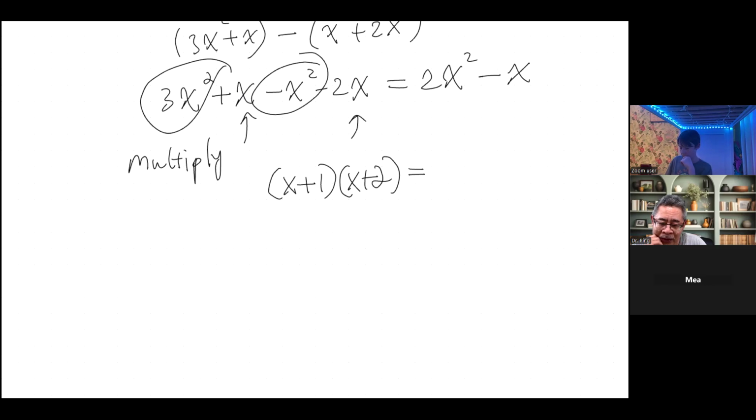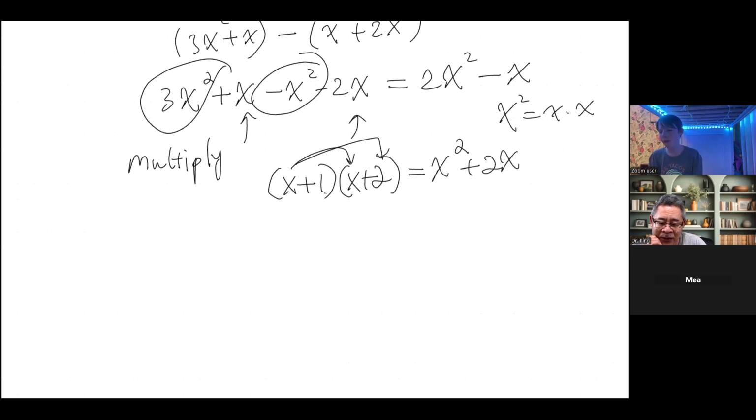We got x squared, because x squared means x times x. Then x times 2 gives 2x. And then we distribute 1, so we get x, and times 2 is 2. And now we can combine 2x and x. So we got x squared plus 3x plus 2.